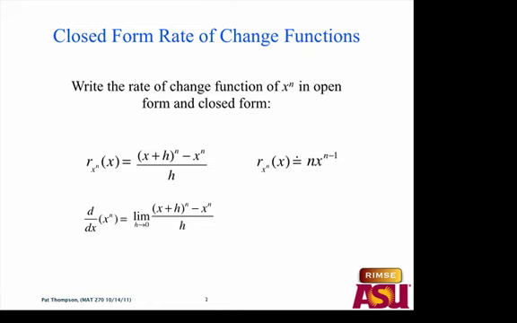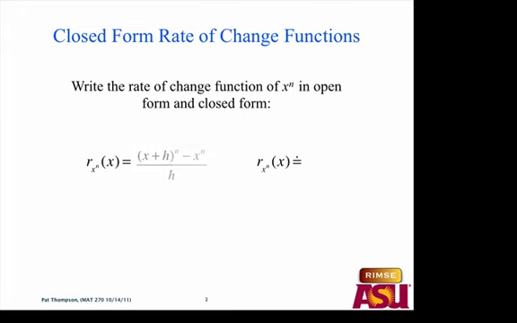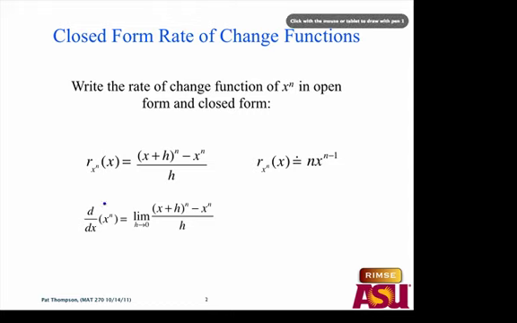To get it to be exact, we need h to get atomically small, so small that we have the exact rate of change function. And how do we read this right here? What is that?